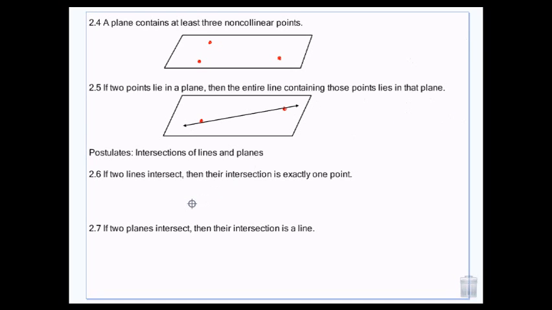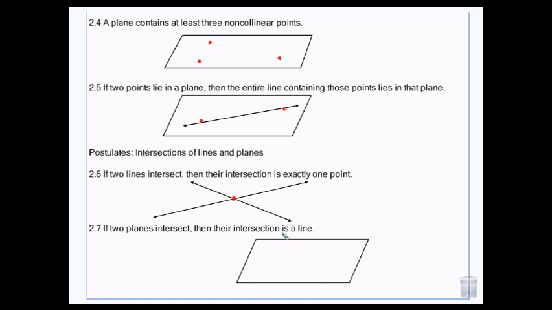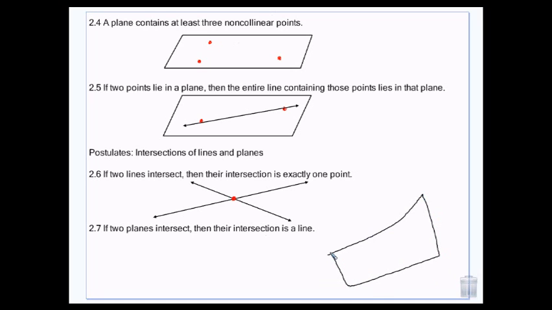Okay. Then we have if two lines intersect, their intersection is exactly 1 point, right here. And if two planes intersect, their intersection is a line. So let's see if I can draw this. I'm going to draw it over here.